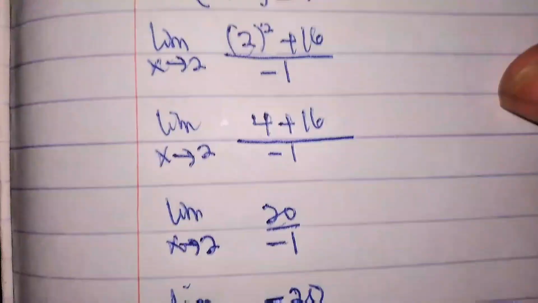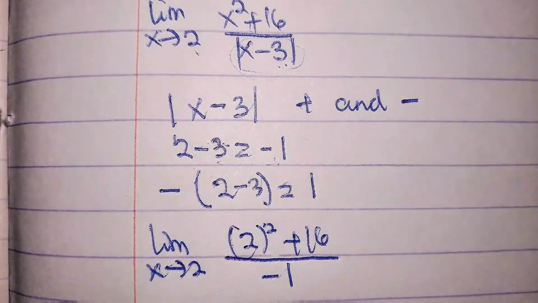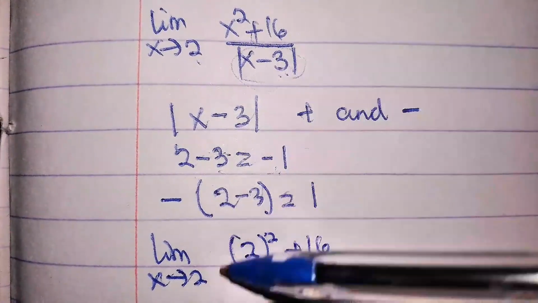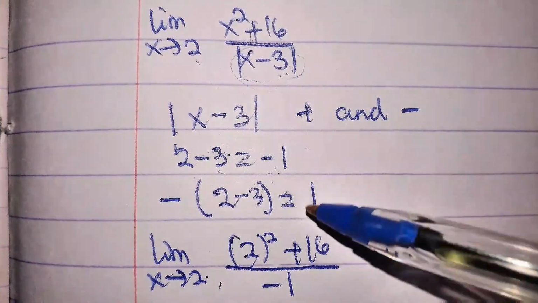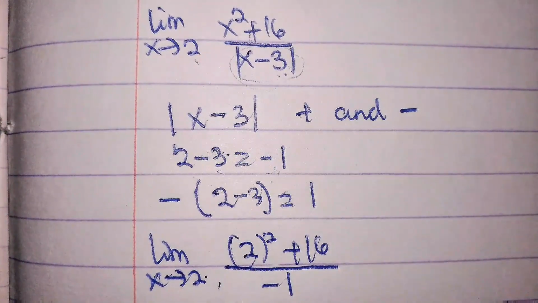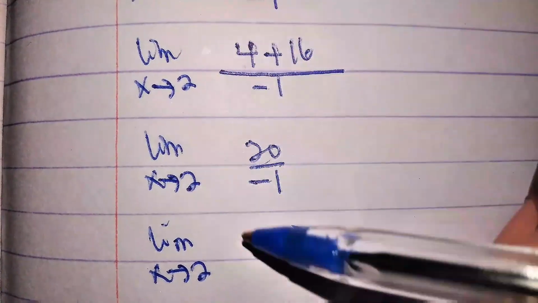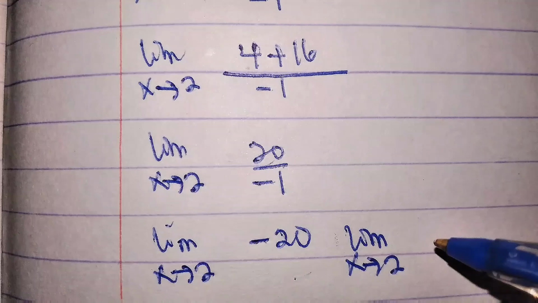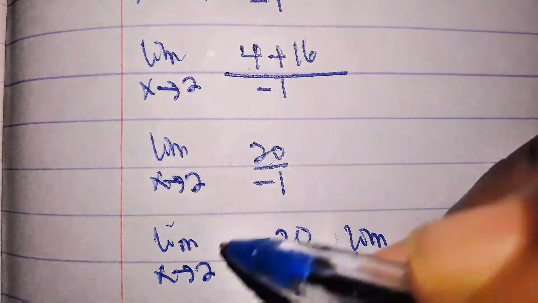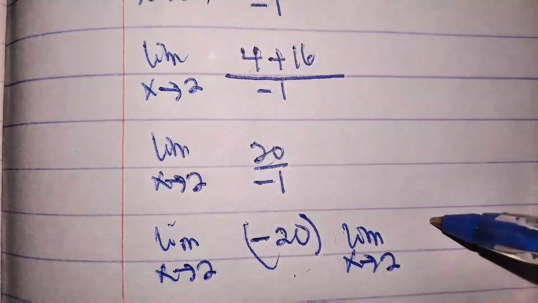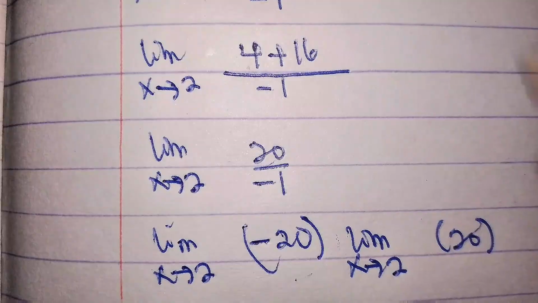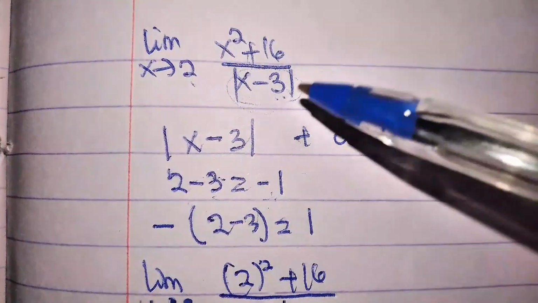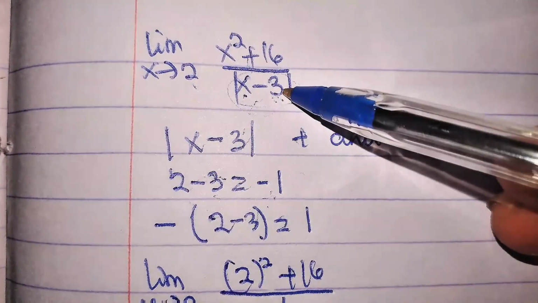Now for the other form, we make this value a positive value. If we substitute the positive part of the absolute value of x minus 3, we get 1.